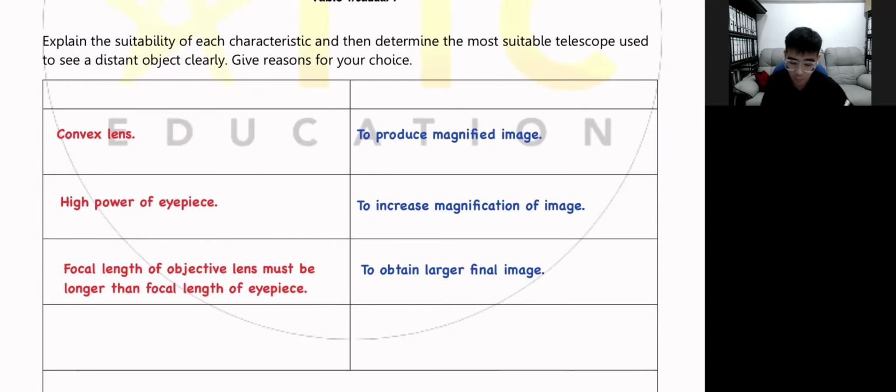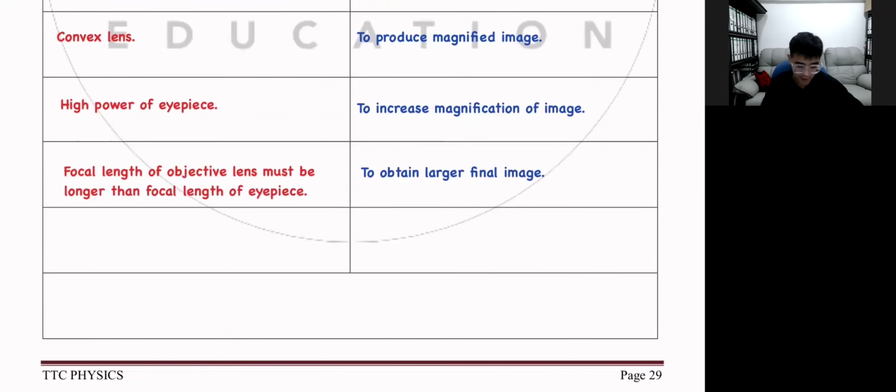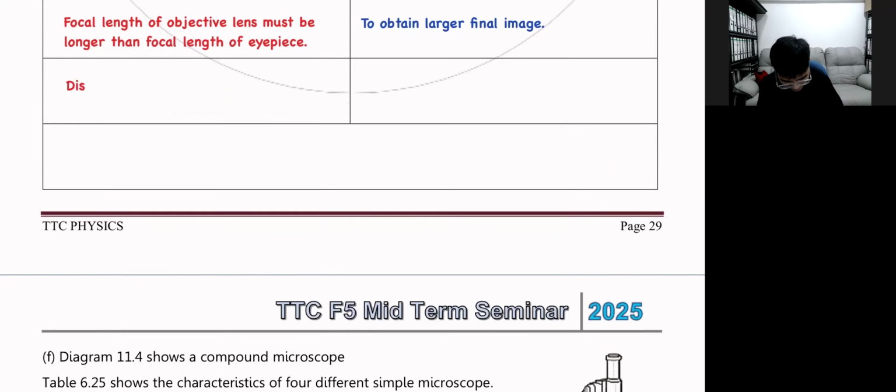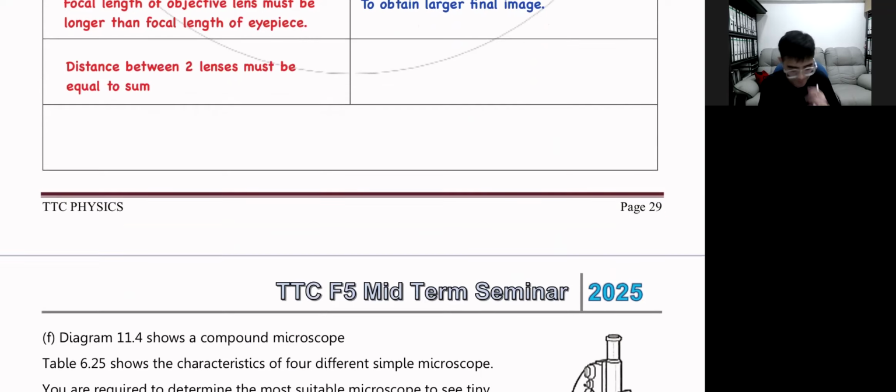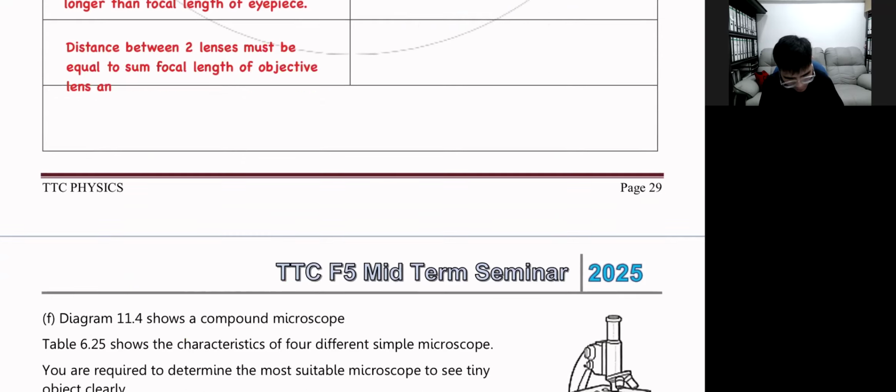Okay, must be equal. Why? Because that time I also taught you this, very simple. Just say, because that is the normal adjustment in a telescope in order to produce a sharp image. So remember, the distance between the two lenses must be equal to the sum. Sum means you add together, the sum of the focal length of the objective lens and also the eyepiece.